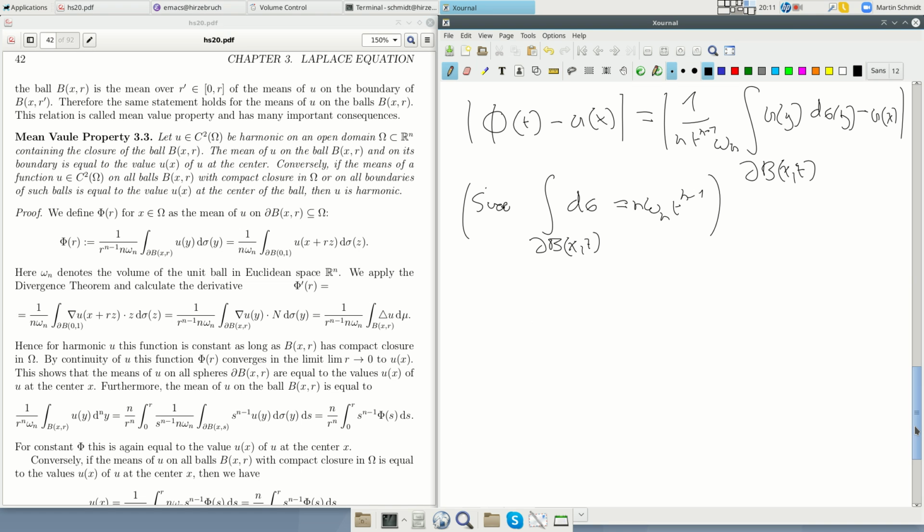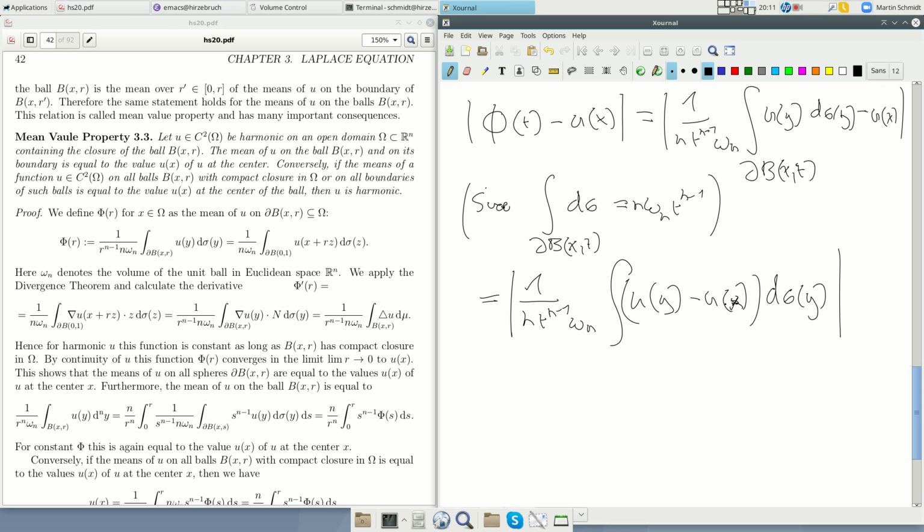So by this we obtain, we may write this constant differently. We can write it in the following form: the integral of u of y minus u of x, and the whole thing d sigma of y, plus u of x, in absolute value.